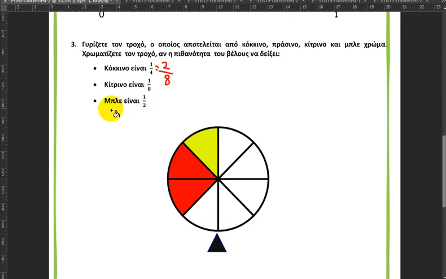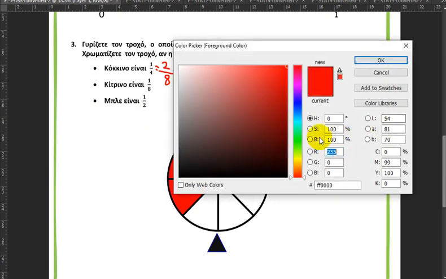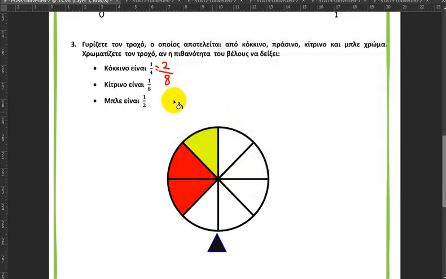And then the blue is 1/2. One-half just means half of the circle. So if you wanted to, you could convert it into a fraction that is equivalent to this one, 8ths. That would be 4/8.